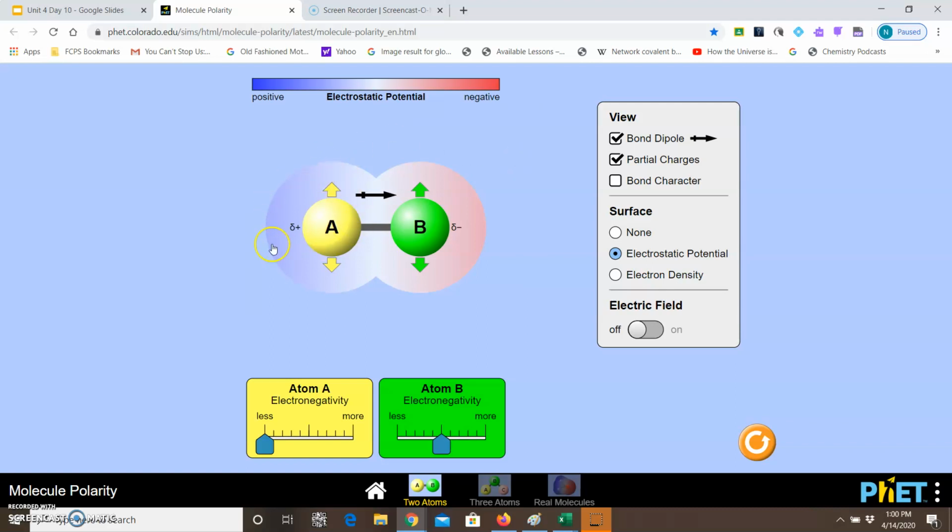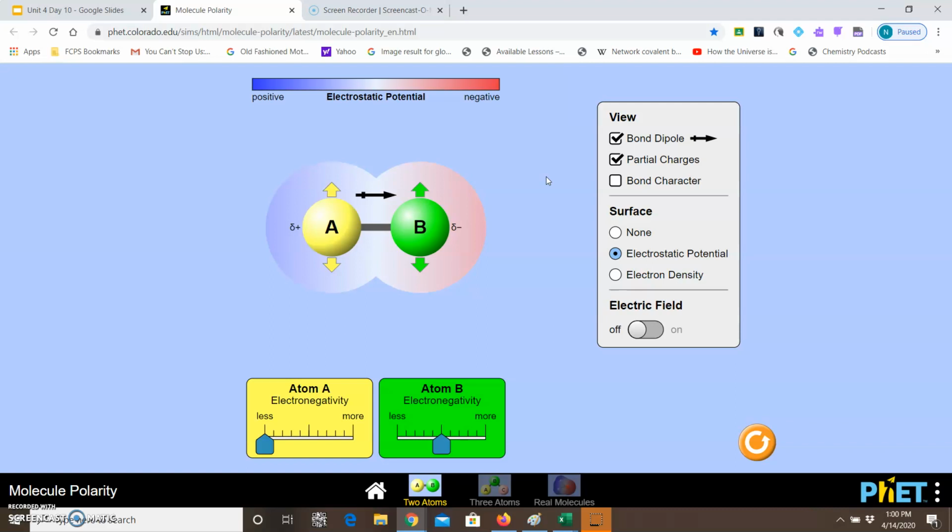It has a positive end, which is over where atom A is, and you can tell that because it has that partial positive charge there, and it has a negative end, which is where the atom B is because it has a partial negative. You can also tell from the potential map because the positive will be sort of surrounded by blue halo, and then the negative side will be surrounded by a red halo, which is what we see. You can also tell because there's a bond dipole, and bond dipoles only exist when you have a polar bond, and in this case is pointing towards atom B.